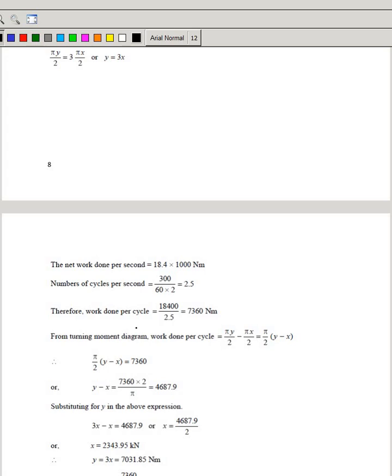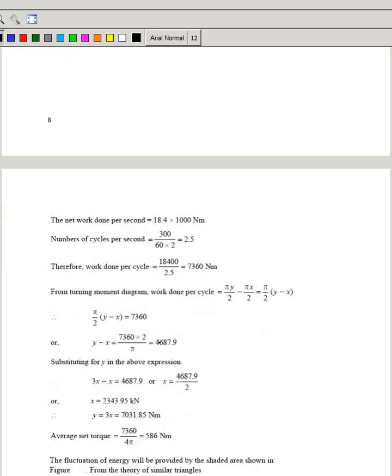Therefore, work done per cycle is work done per second divided by cycles per second, 18400 by 2.5, and that is 7360 Newton meter.